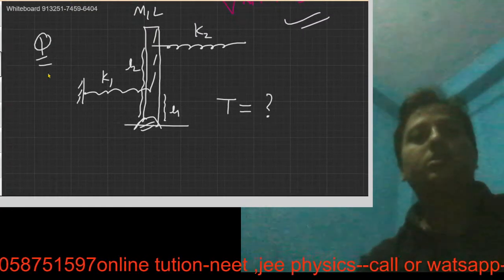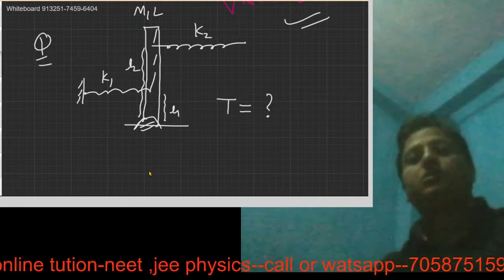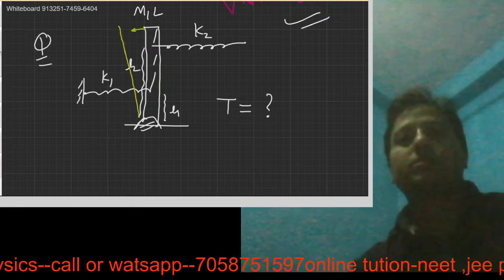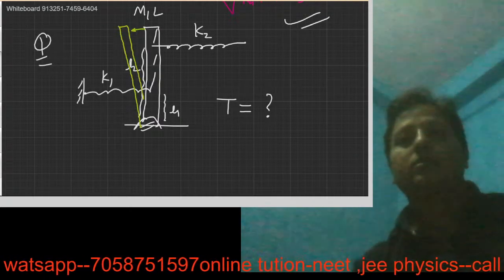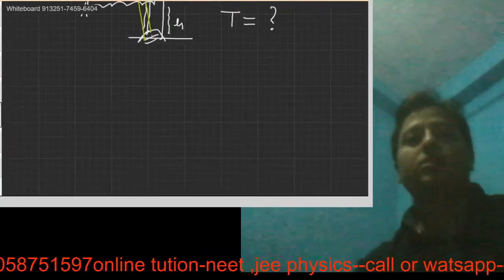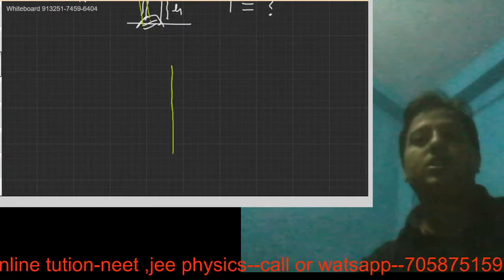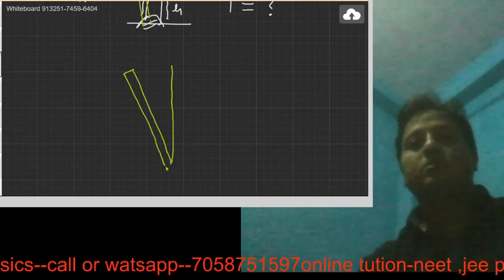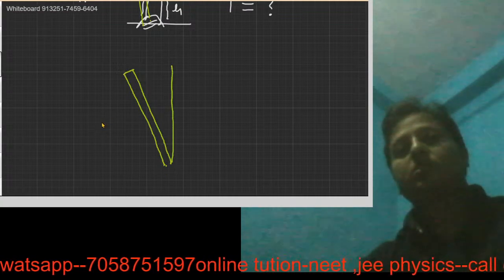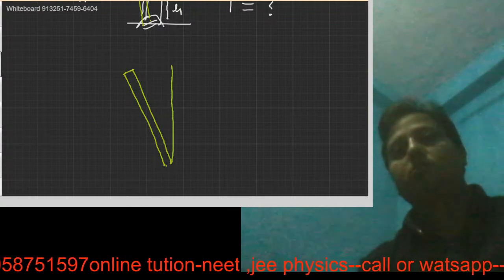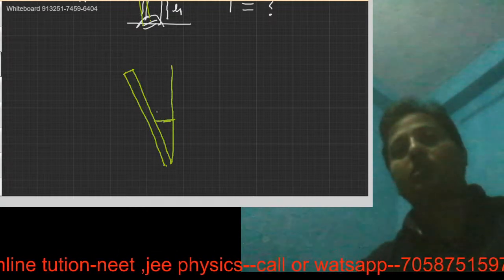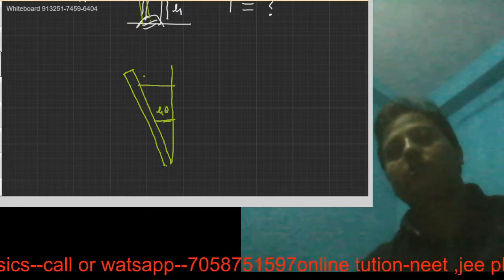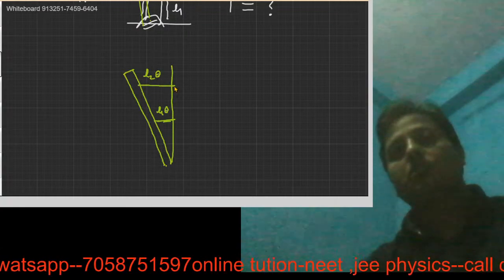Using the same concept, we can displace the rod by some angle theta from the initial position. So the first spring is compressed by some length, that is L1 into theta, and the second spring is extended by some length L2 into theta.